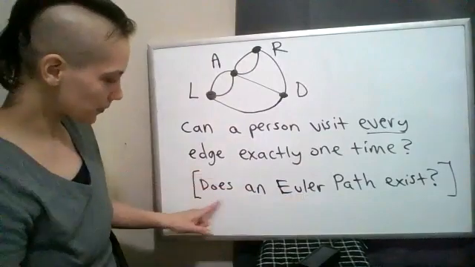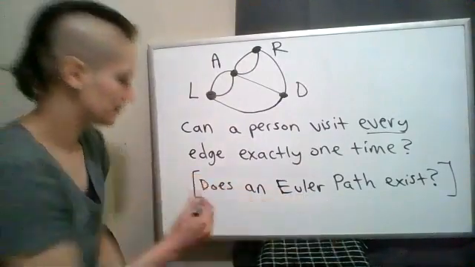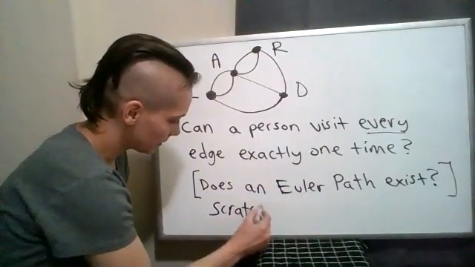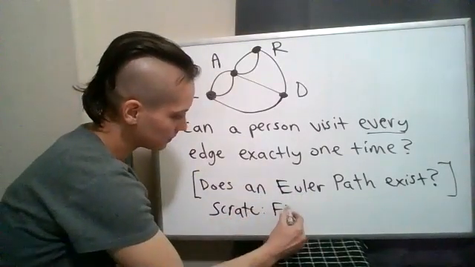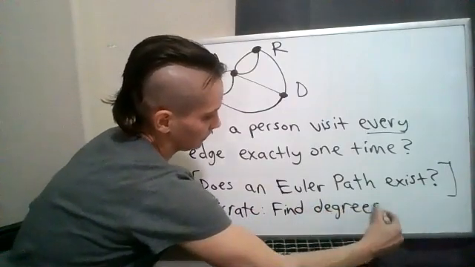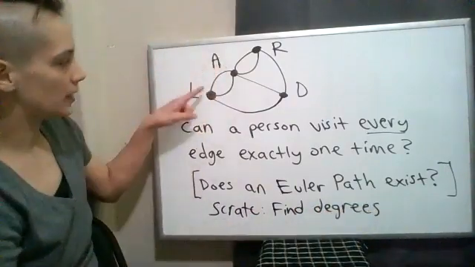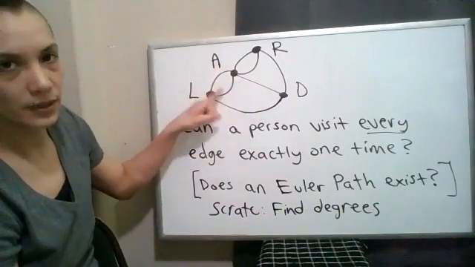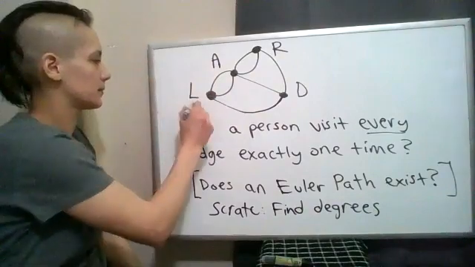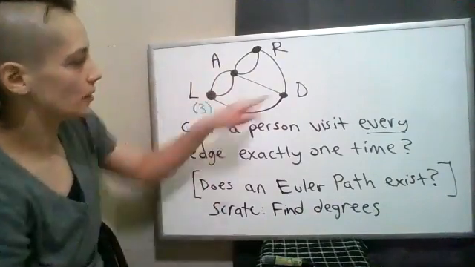So check the degree of your vertices. This is degree 3. Degree 3.